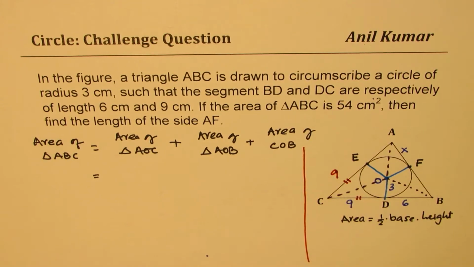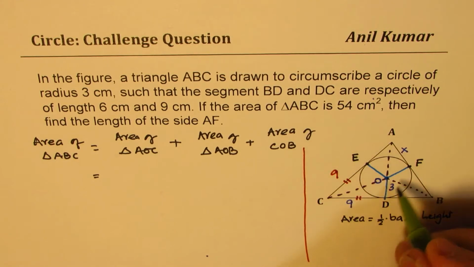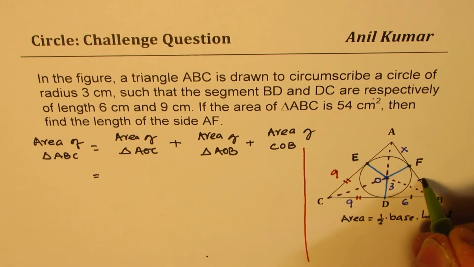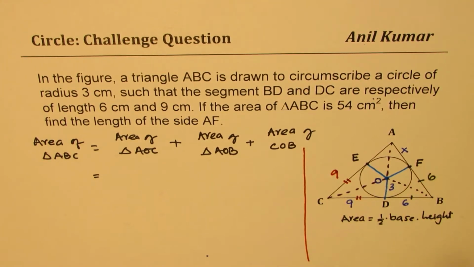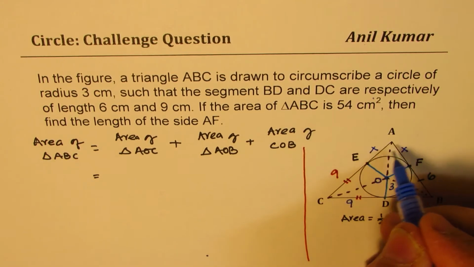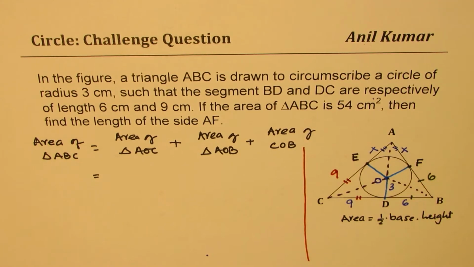Similarly, from B, D and F are tangents, so BF should be equal to 6. From A, AE and AF are tangents, and therefore this side here should also be X. So that gives you all the sides of the triangle in one variable X. This is very important to understand.